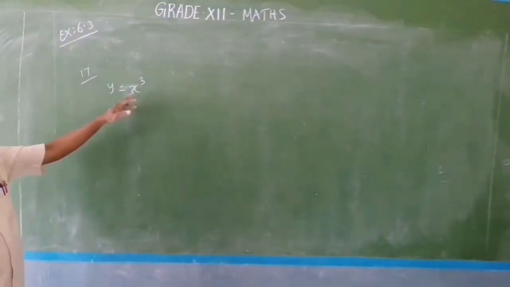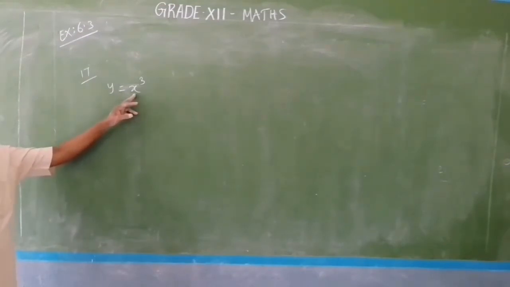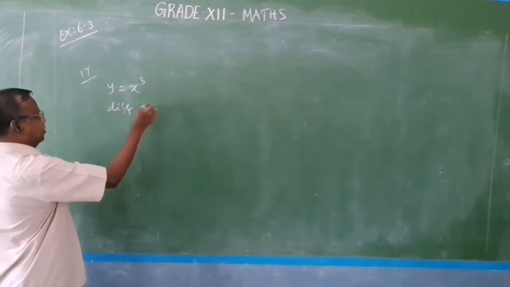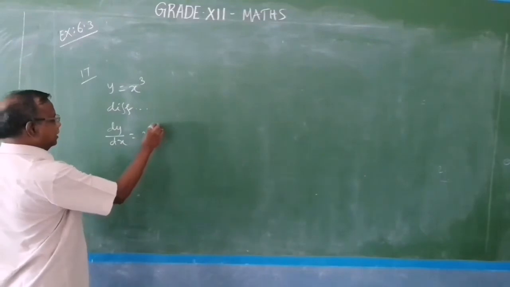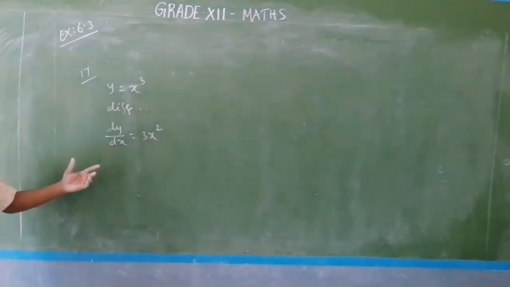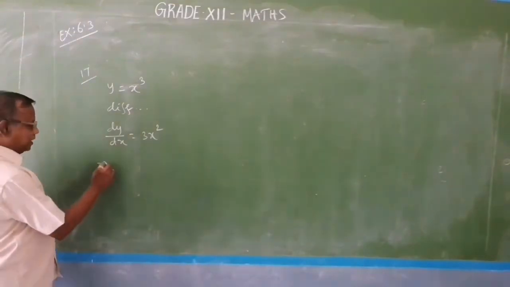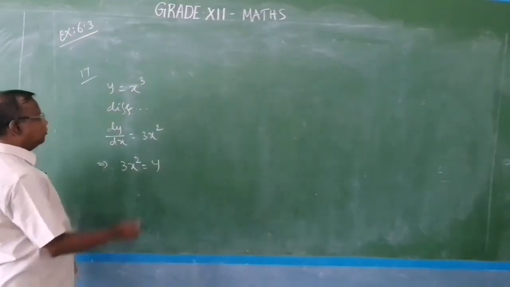Already one time I told you this type of curve y equal to x cube is a cubical parabola. Now differentiating, we have dy by dx equal to 3x square. This is the slope of the curve. The slope of the curve is equal to the y coordinate. That means 3x square equal to y.